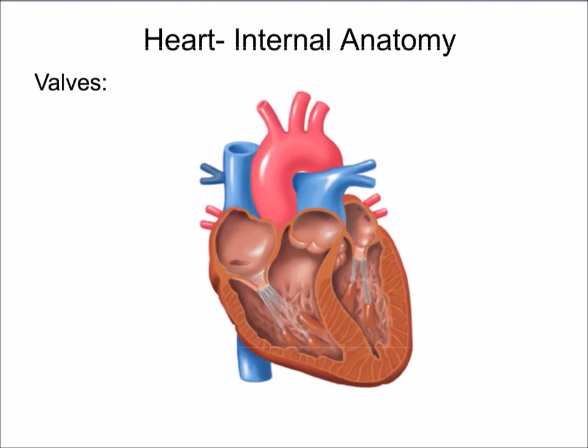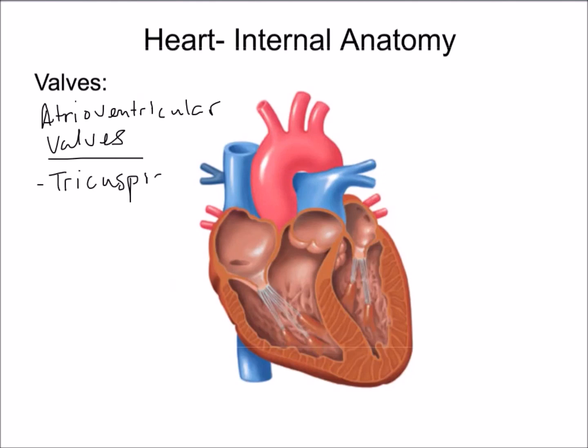Next are the valves. All right, so there are two types of valves found in the human heart. One set of valves are called atrioventricular valves. And these valves are found between the atria and ventricles. Examples of atrioventricular valves are the tricuspid and the bicuspid, also called the mitral valve.